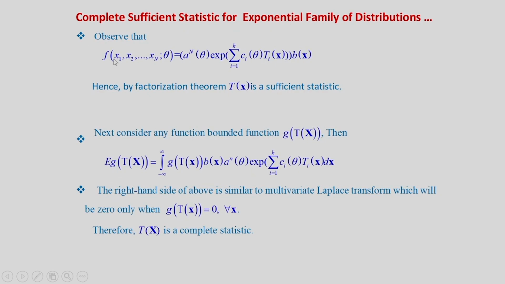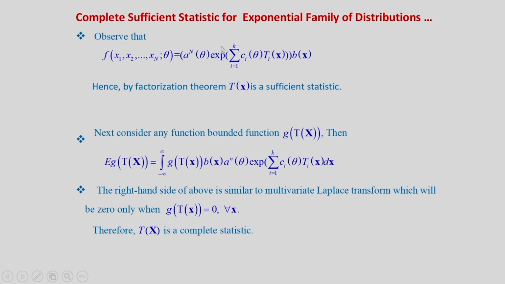Now, we observed that this joint PDF can be written like this: a to the power n theta into exponential of the summation of ci theta ti(x), i going from 1 to k. This is one factor which is a function of the ti's, that is the sufficient statistic, and theta, and into b(x) there is another term b(x) which is simply a function of x.